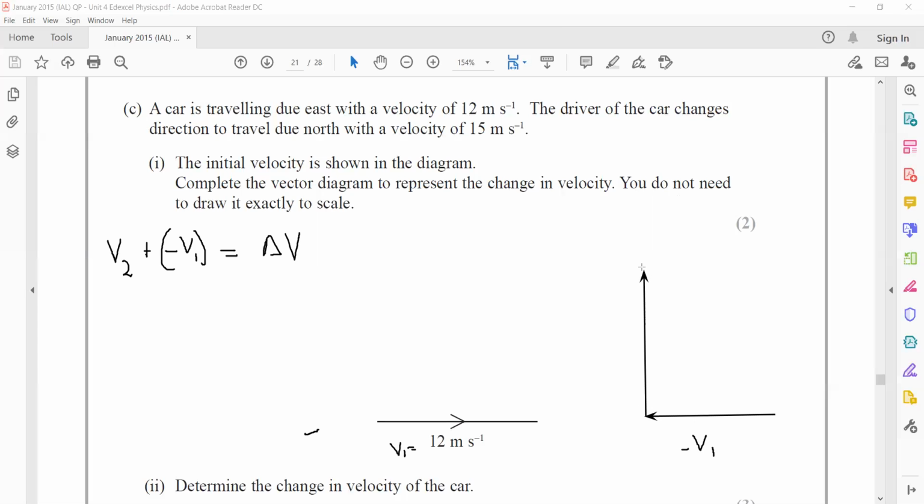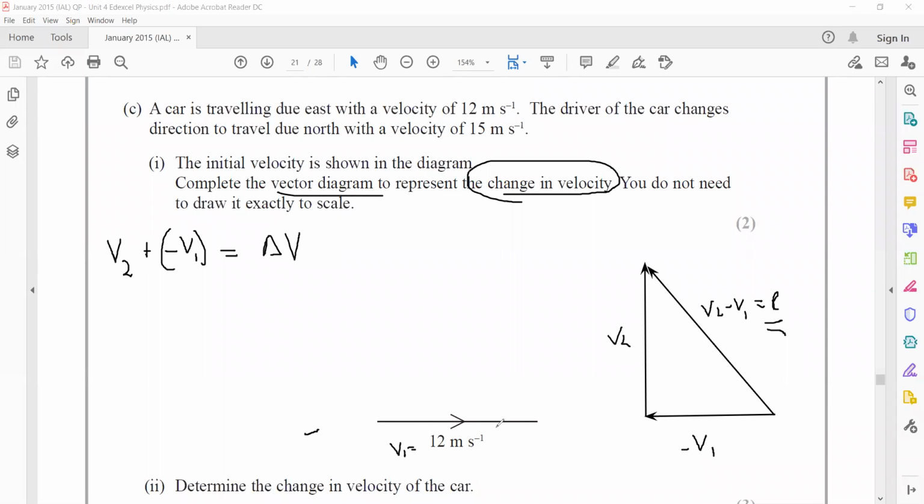We start the second vector from the head of the first vector. So this is V2, which is 15. And then from the tail of the first to the head of the last, when I join, this will be the resultant vector of V2 minus V1. Is it clear? Because in the question, we need the change in velocity, which is V2 minus V1, or the difference in velocity.